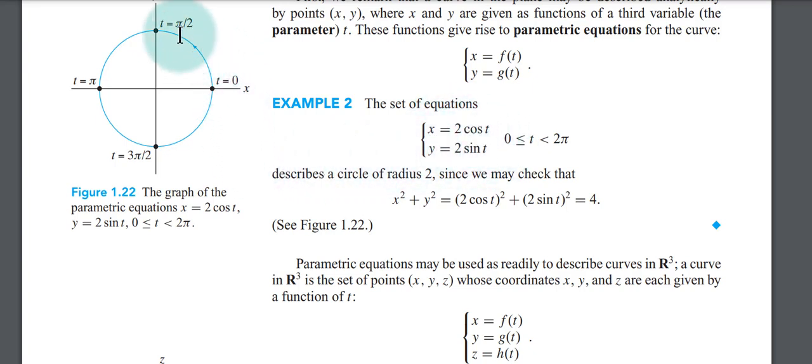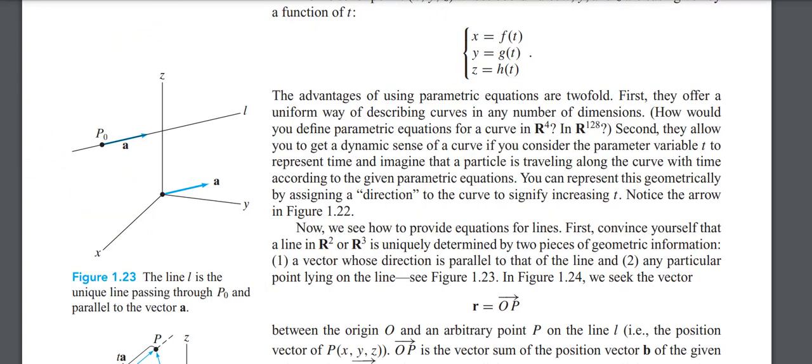According to them, it generates a circle. So it seems like sometimes parametric equations will generate straight lines, and sometimes not. Sometimes they'll generate some other curve. So our next question is, how can we generate the equation of a straight line? How can we make sure that we're generating the equation of a straight line?